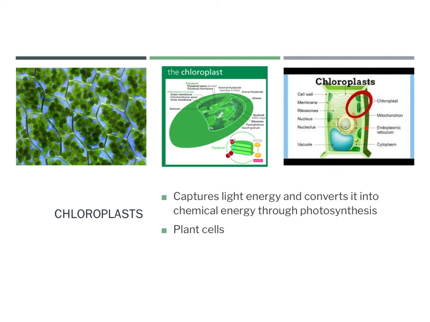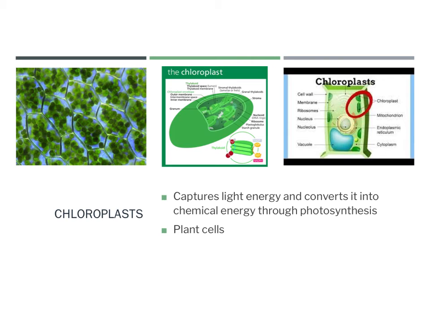All right, so if we look at this image right here, this is our computer-generated picture of a plant cell. So here are the chloroplasts. And then this next picture is like the blown up picture of a chloroplast. Okay, so this is the chloroplast. Inside is something called the thylakoid, which is also right here, so it's just blown up.